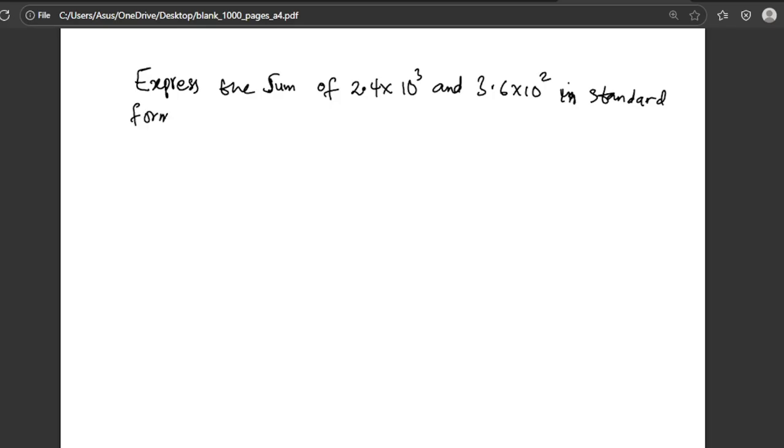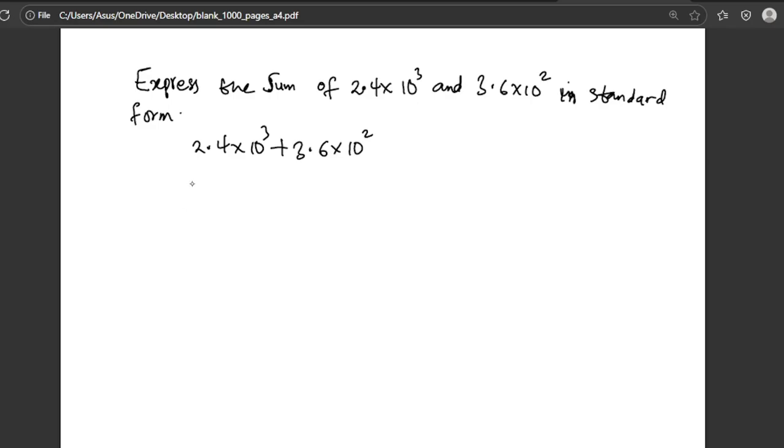How do we do that? The answer must be in standard form, so we do this like we did the other question. Convert both to ordinary form first, then add them and convert back to standard form.